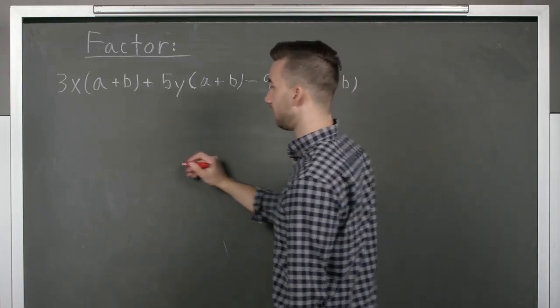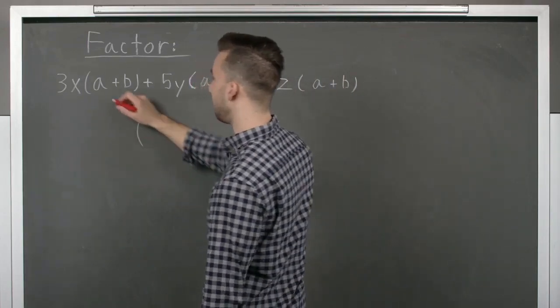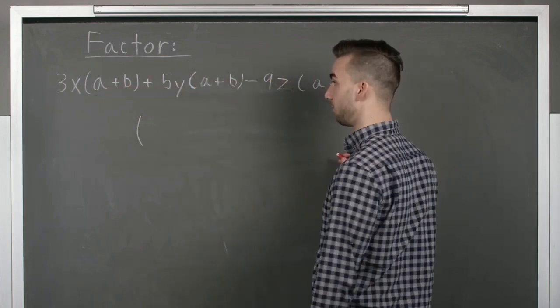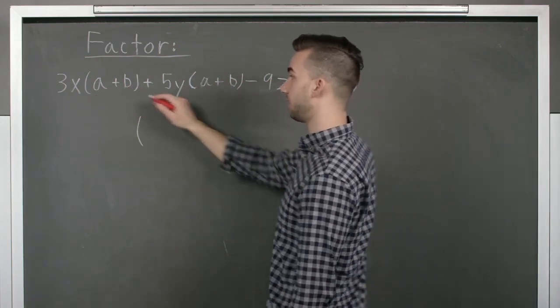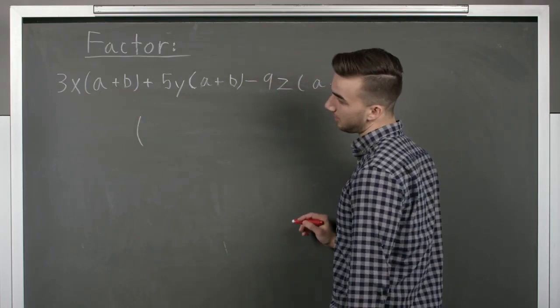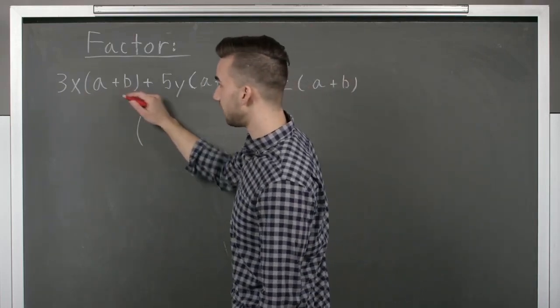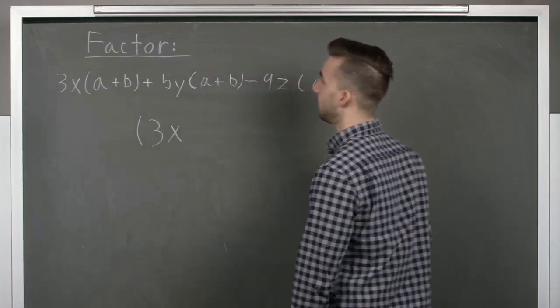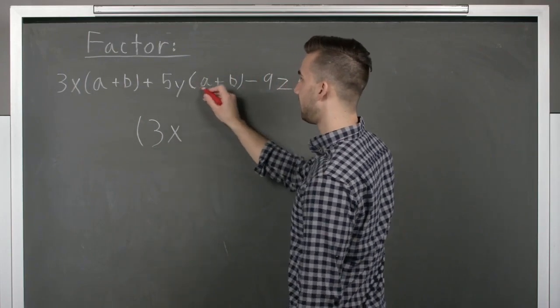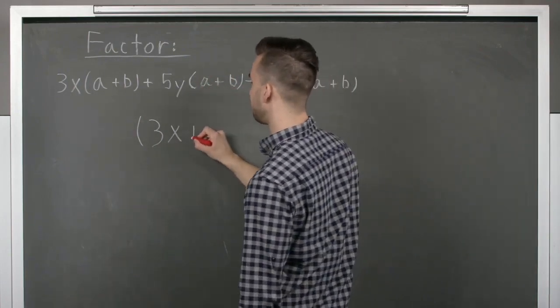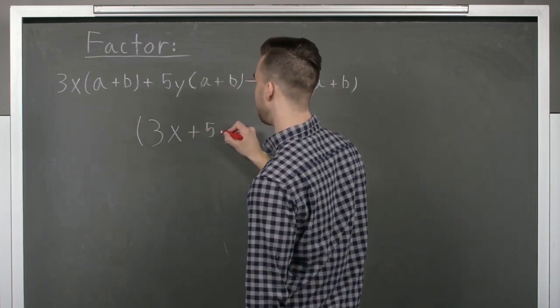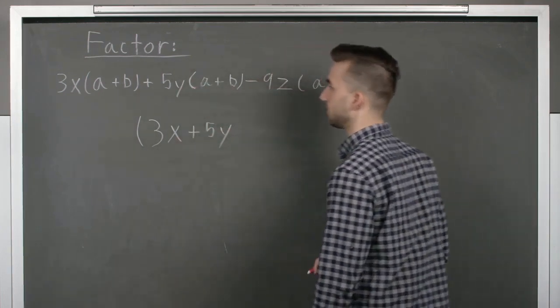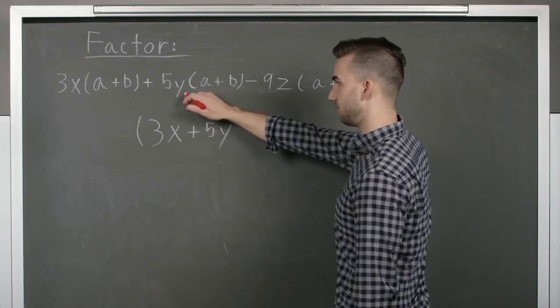So let's write big parentheses and divide everything by (a plus b). If you divide this first term by (a plus b), you're left with what? 3x, right? 3x plus 5y. If you divide the second term by (a plus b), that just leaves you 5y.